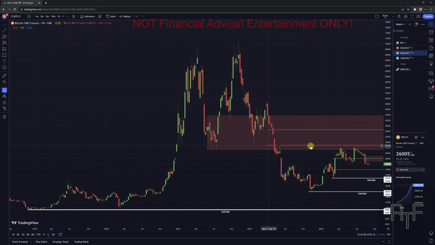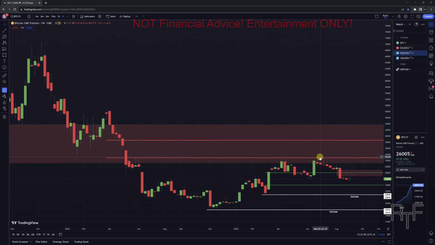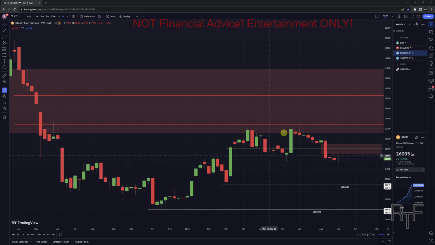So remember, this is the breaker, and here is that monthly SIBI, and we'll just zoom in a little bit. So price could retrace back up to here. We're kind of in a consolidation at the moment for the last 6 months or so.